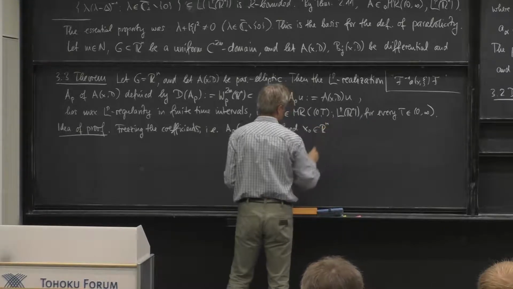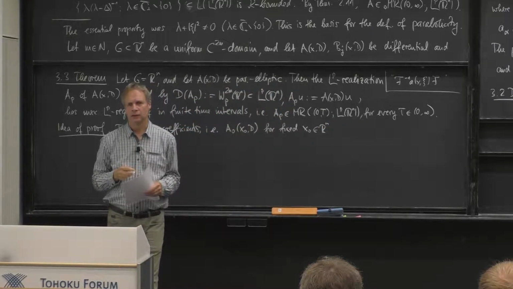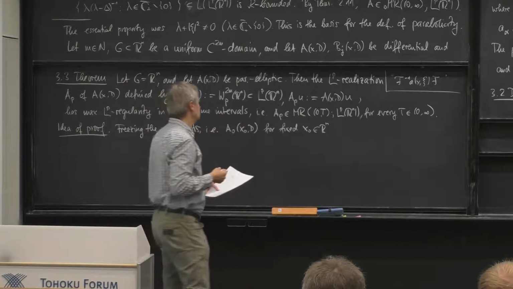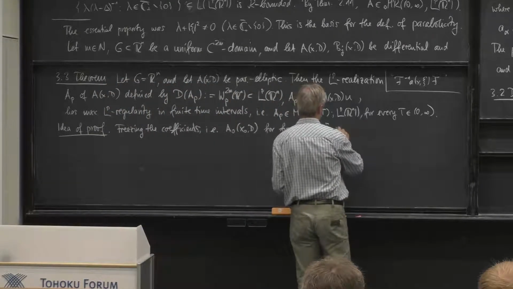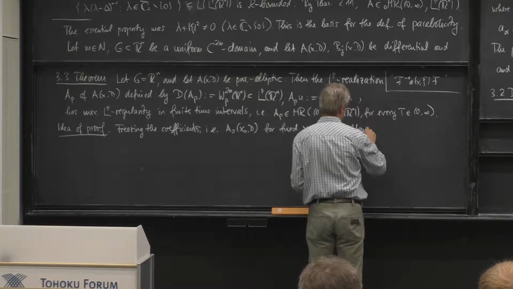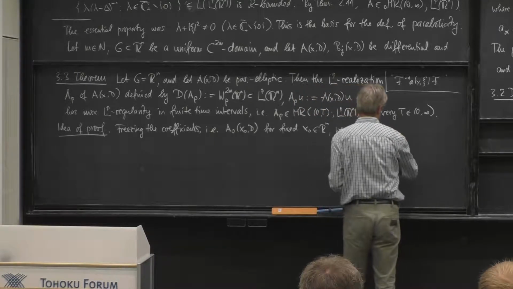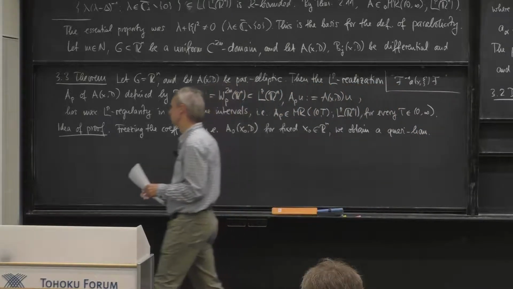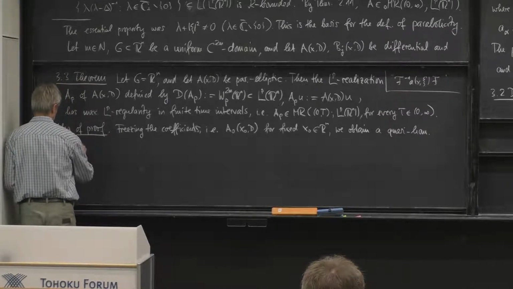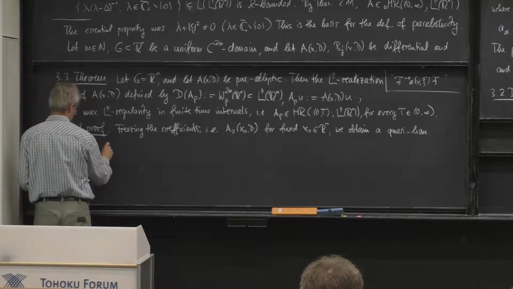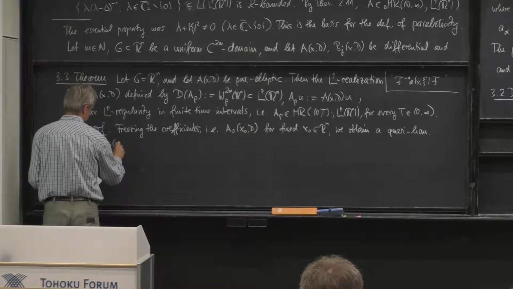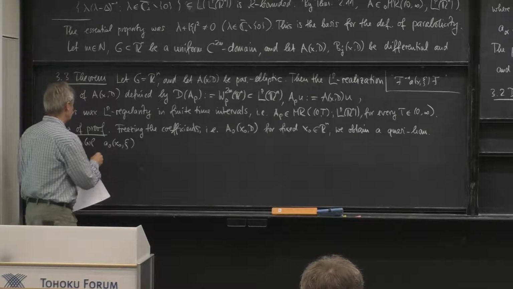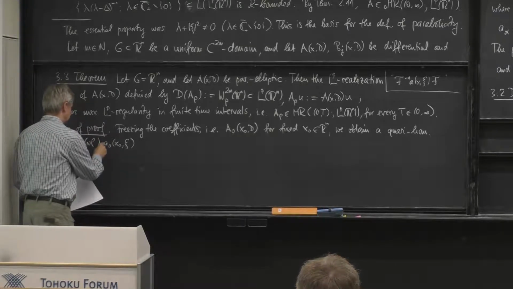I obtain a symbol which has the same properties, so we obtain a quasi-homogeneous symbol A0(x0, ξ).